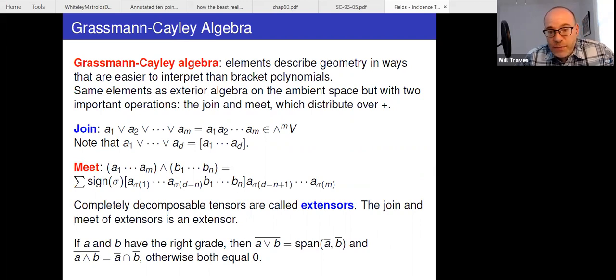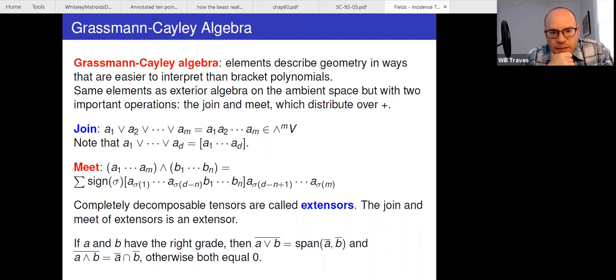And if that doesn't make much sense to you, then don't worry too much about it, because we won't be using it much, but I do want to say a few words about it. The elements in the Grassmann-Cayley algebra describe geometry in ways that are easier to interpret than bracket polynomials. We'll see this in a couple of examples.